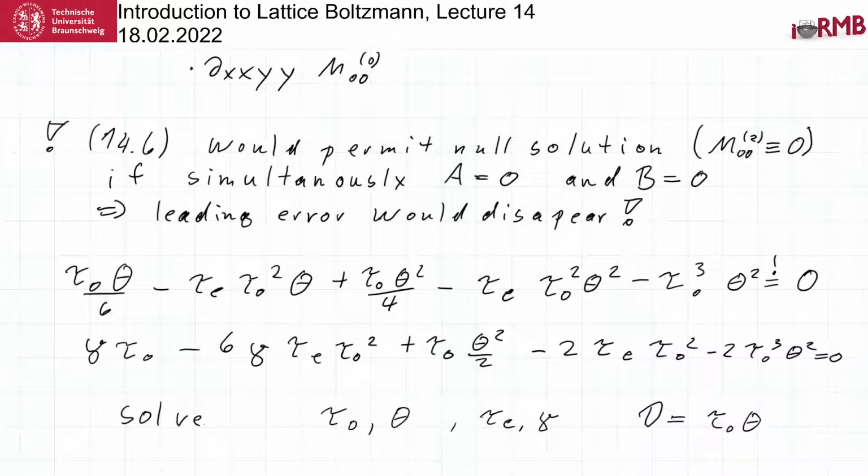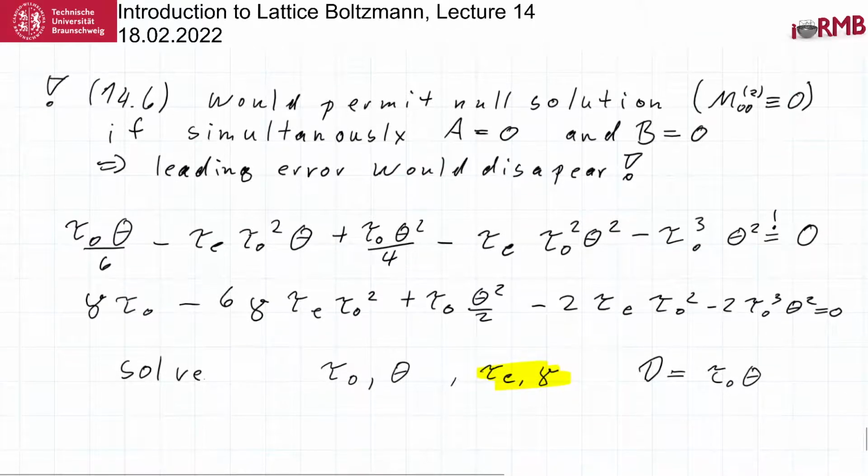So maybe we would like to keep these here open, and therefore we would prefer to solve for these two. We could also decide differently, but say we keep tau odd and theta and solve for the other ones.